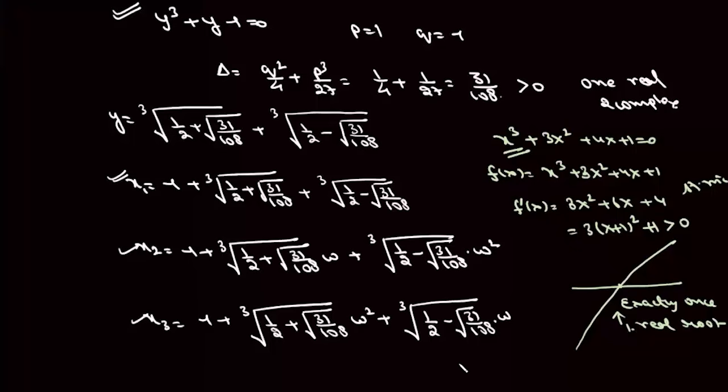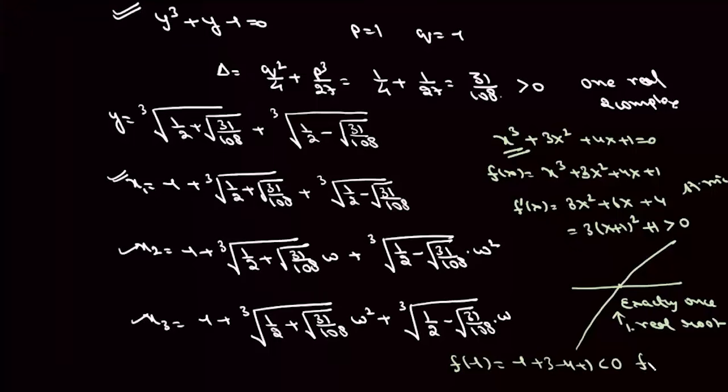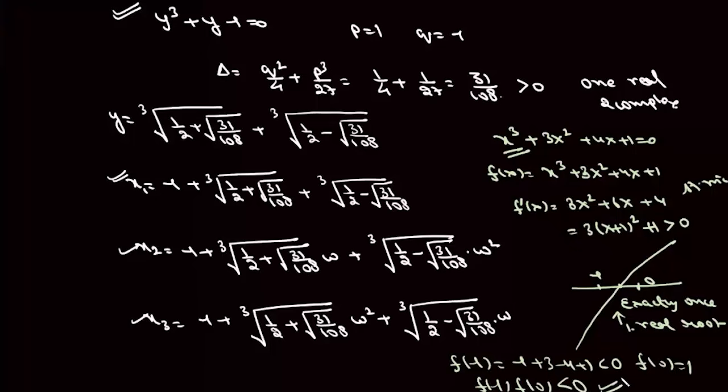And if we look at f(minus 1), it will be minus 1 plus 3 minus 4 plus 1, which is less than 0. And f(0) is 1. So f(minus 1) into f(0) is less than 0. Then from Bolzano's theorem, we can say this root will lie between minus 1 and 0.